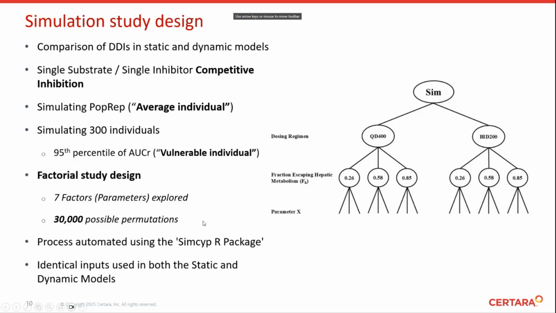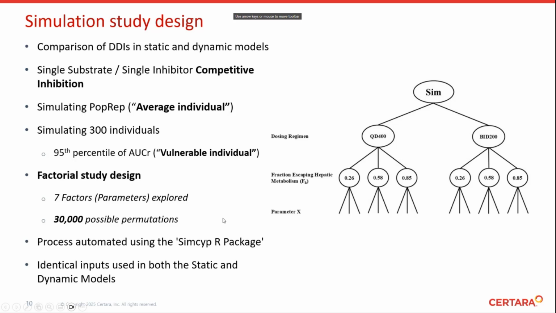And this is described by the schematic on the right-hand side, where the top level sim represents our overall simulation, or our overall DDI, and then each subsequent level represents parameters and values that we assigned for said parameter. And this pattern continues for all parameters, and the respective values are represented by parameter X. So each simulation result is generated from the various combinations of different values for each parameter, which gave us exactly 30,000 distinct drug-drug interactions.